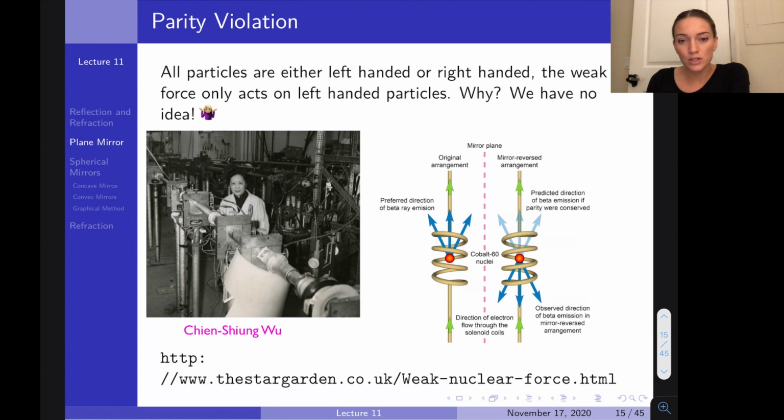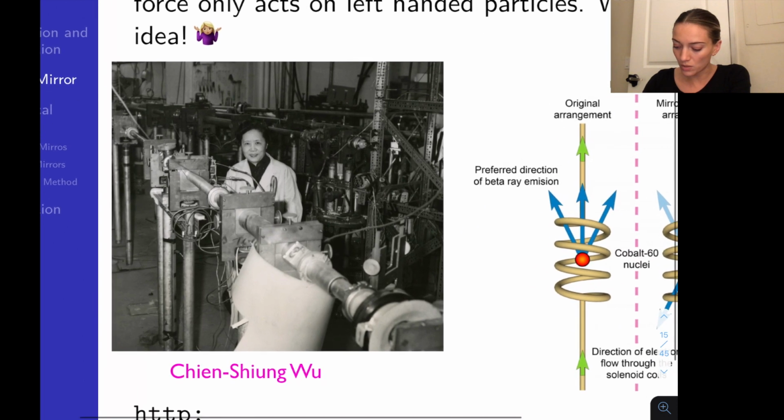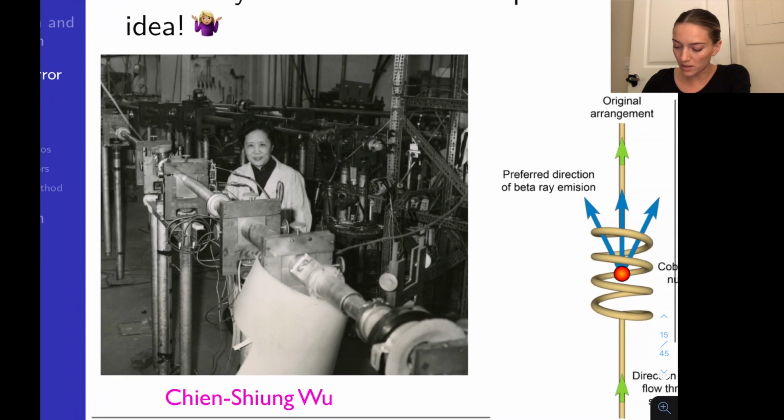So it was actually theorized that the weak force might not obey mirror symmetries. The woman that actually did the experiment to prove this was called Chien-Shiung Wu. So that's her here with her experiment.